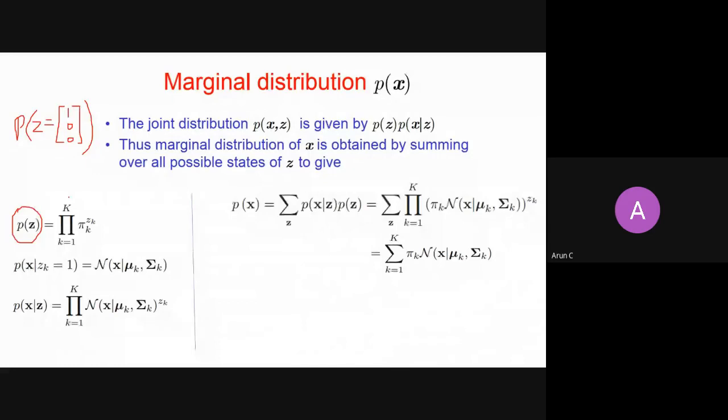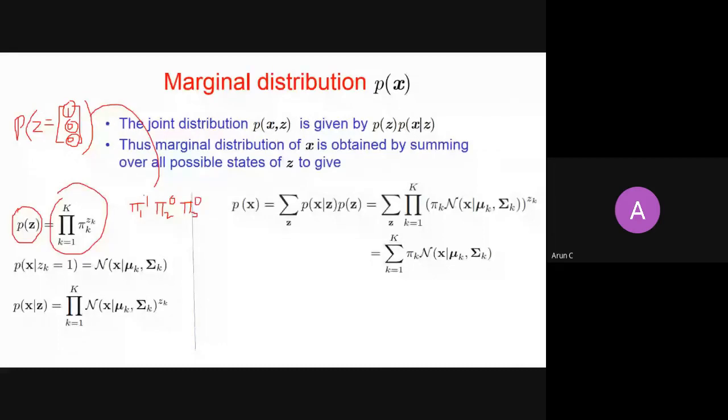You can write it as pi 1 multiplied by pi 2 multiplied by pi 3, where each pi is the prior probability of seeing that cluster, and you are exponentiating it with z_k. Here z_k means z1, z2 and z3. Just for this case, z1 is 1, z2 is 0 and z3 is 0.